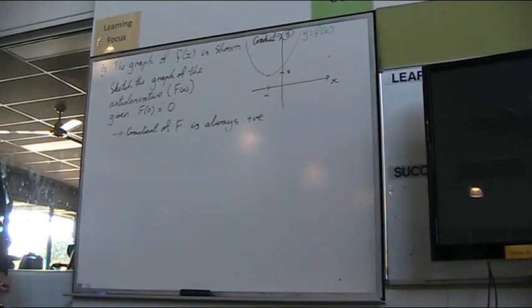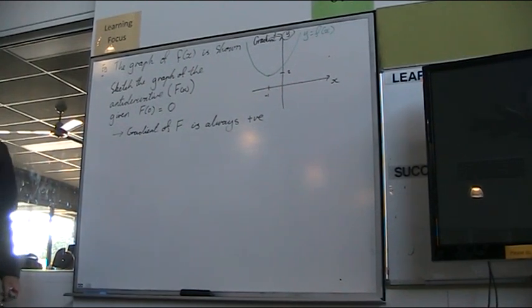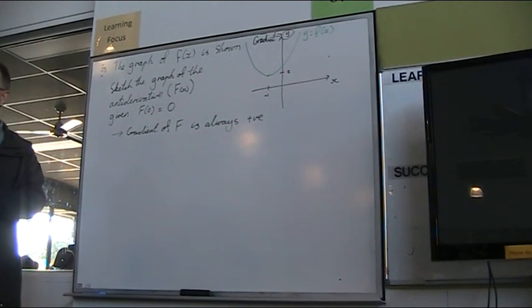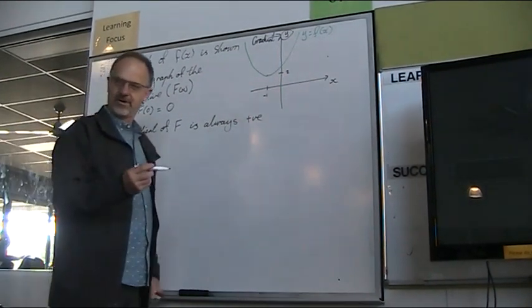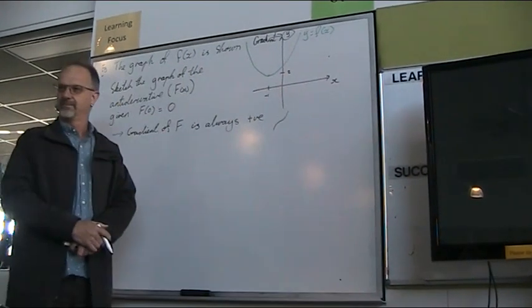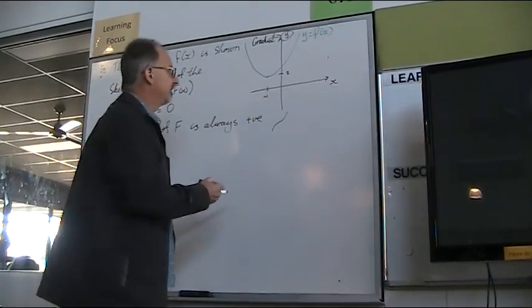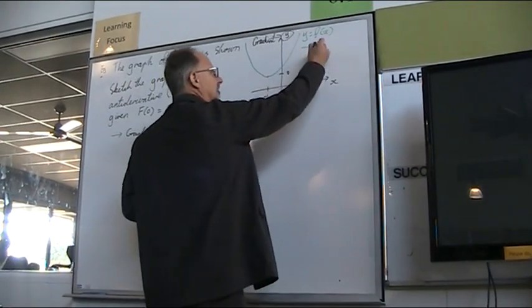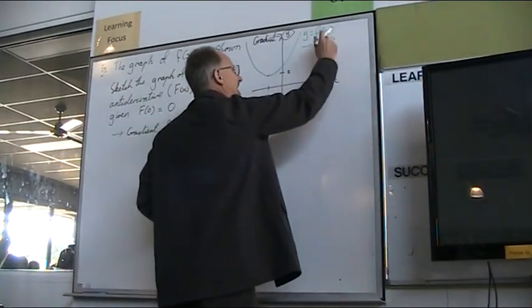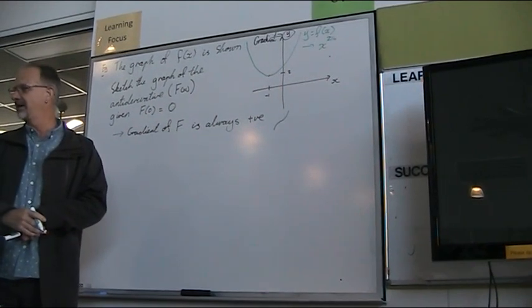So what sort of graph can we have which has a gradient that's always positive? Would a cubic? No, it's not always positive. Now, also, we said this looks like a parabola. When you anti-differentiate something to the power of 2, what does it become?